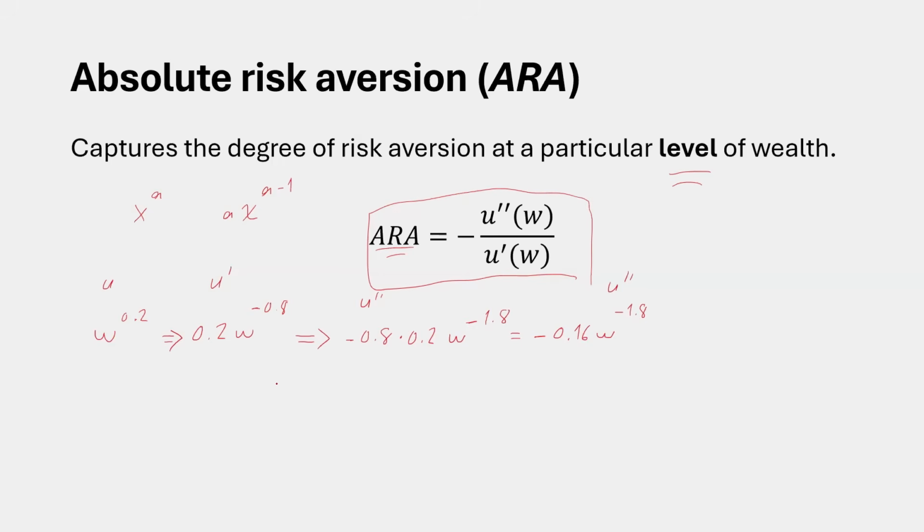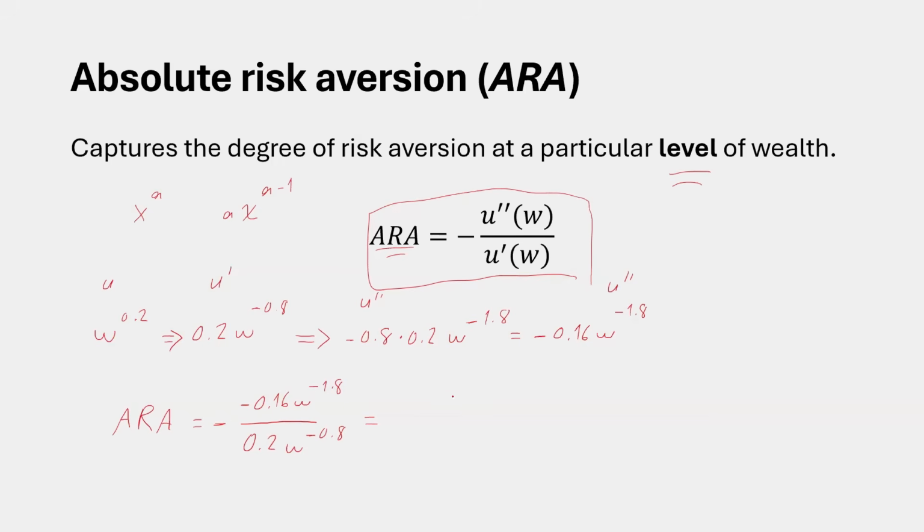Now I can compute the absolute risk aversion. Okay, so I begin with the minus. Okay, let's put the second derivative in the numerator, which is minus 0.16 wealth to the power minus 1.8, divided by the first derivative, which was over here, so it's 0.2 wealth to the power minus 0.8. So I can simplify this further. So this minus and minus, when you multiply them, it becomes a plus.